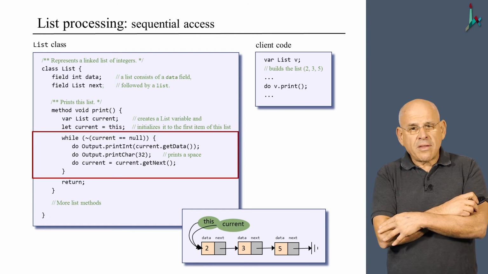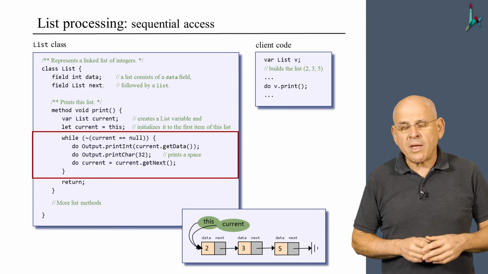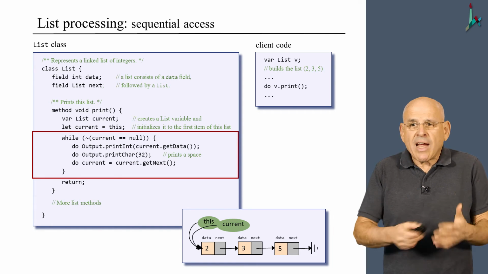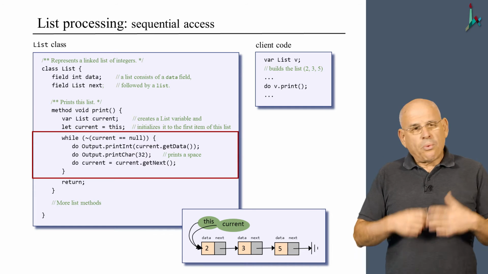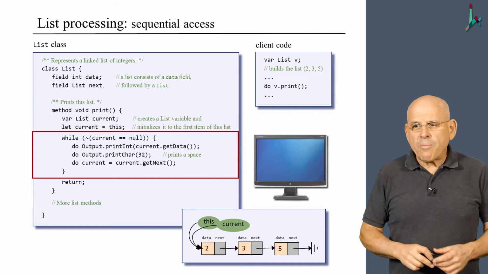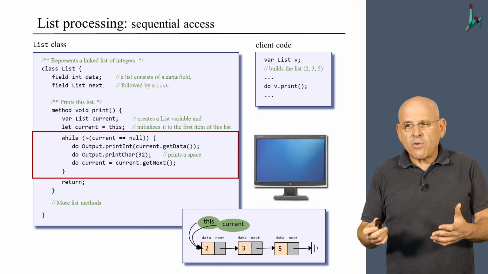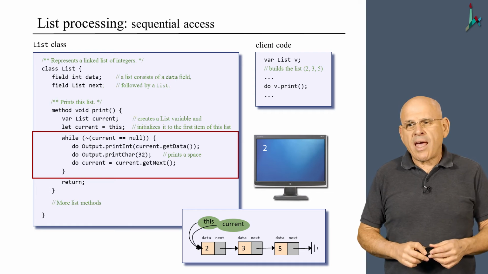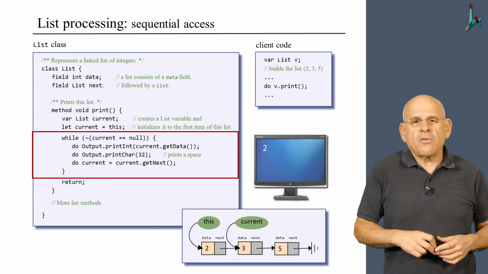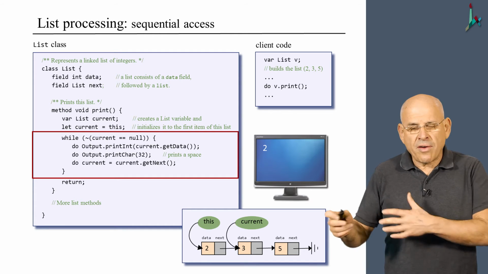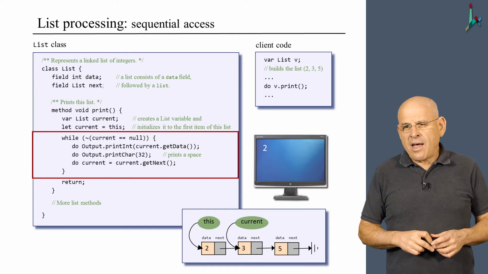And now we enter this loop in which we do, as long as current is not null, we want to print the current atom and move forward. So we print the value of this atom, which is 2. Then we print a space, and we move current to the next head of the tail of the list.